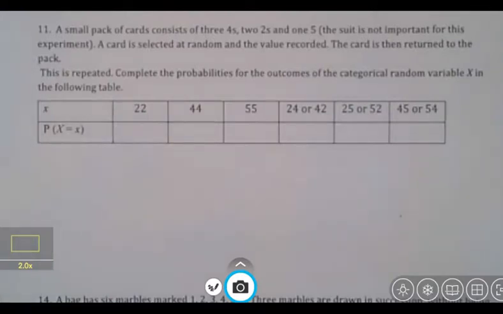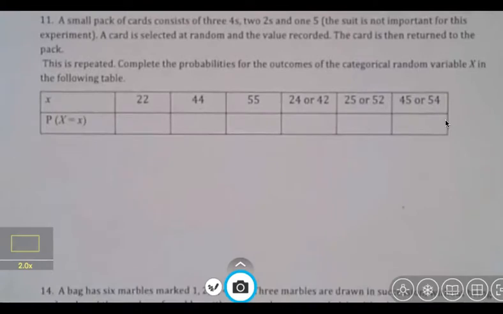So there is replacement here, and it's repeated, and you have to complete the probabilities for the outcomes of the categorical random variable x in the following table. So you're going to need probabilities of 2 2s, 2 4s, 2 5s, a 2 and a 4 in any order, a 5 and a 2 in any order, or a 4 and a 5.